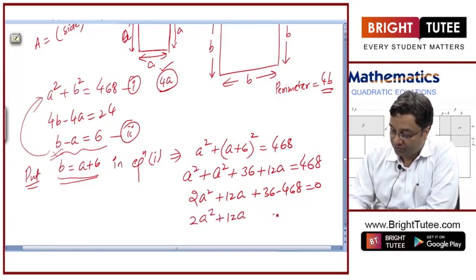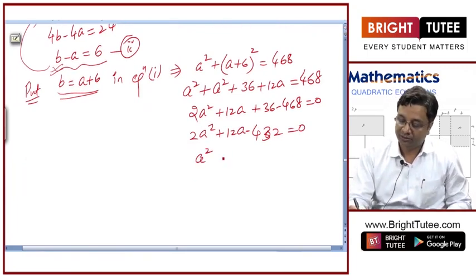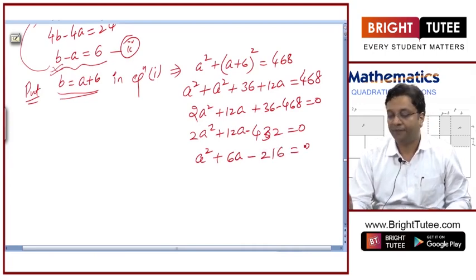It will be 432, negative. So now I can divide it by 2 on both sides: a squared plus 6a minus 216 equals 0.